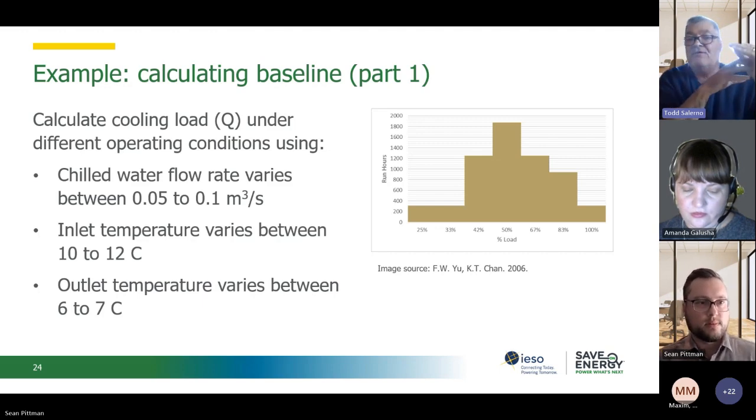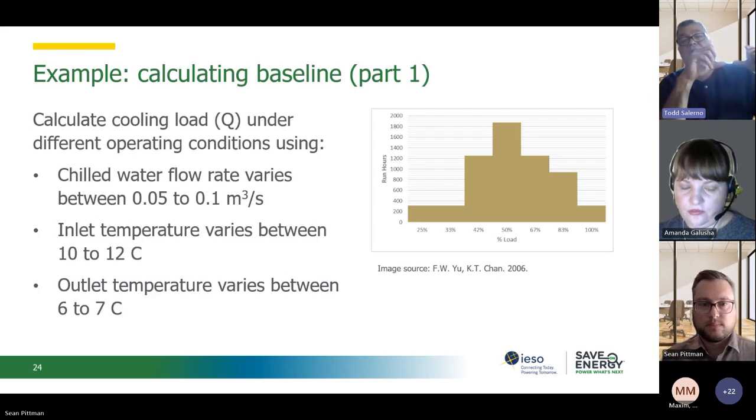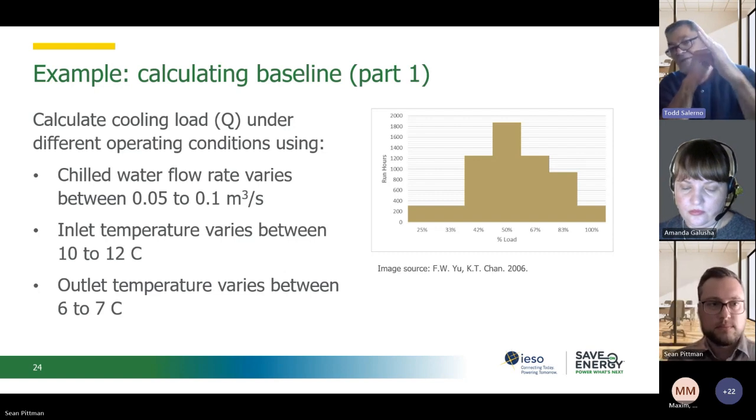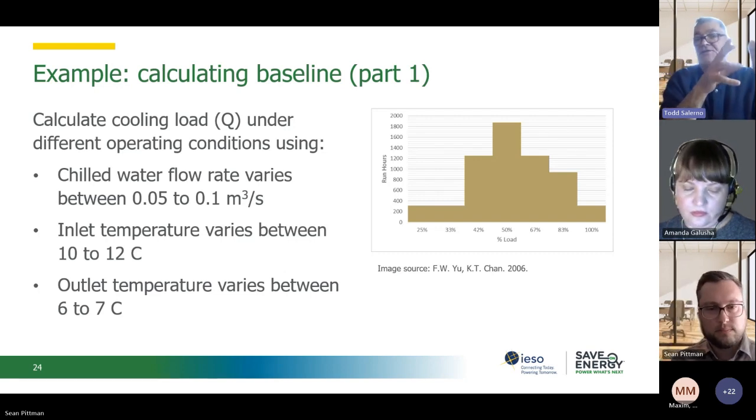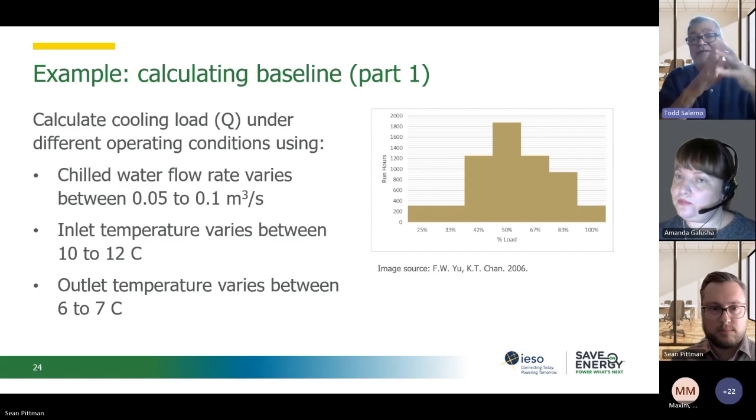So if you do your metering and monitoring and you get the energy data and all the other specifics, as well as the production data, you can do a regression that will give you a relationship between the production and the cooling load or level of cooling load. And then if you have the yearly production data, then you can project it over the course of a year.